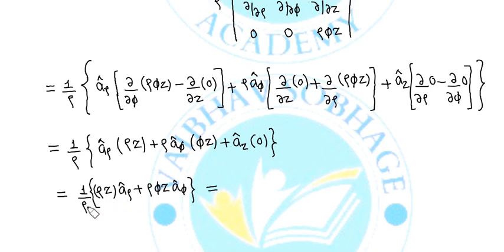If you multiply this 1 upon rho within this bracket, what is left is only z into a rho cap minus phi z a phi cap. So this is our curl of vector H in the cylindrical system.